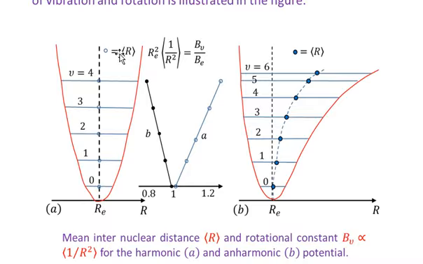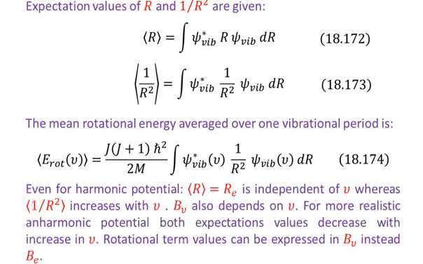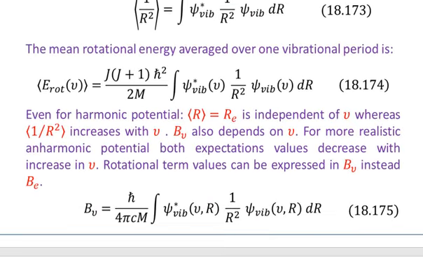So the average value of R will not change from vibrational level to vibrational level, whereas the average value of 1 over R square, or the expectation value of 1 over R square, increases with V.